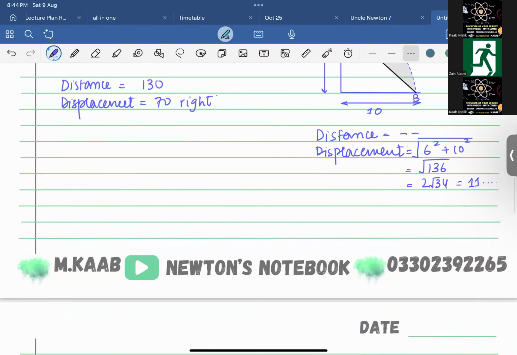And if you have something like an object moving in a circular path, which started from this point and ends up at this point, basically it covers an arc of the circle.